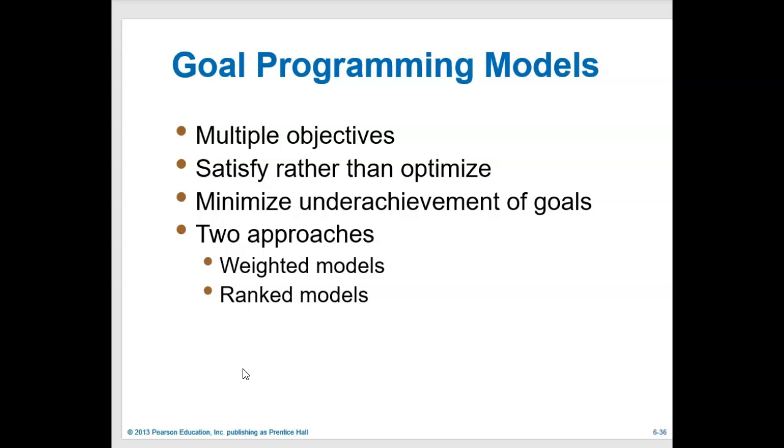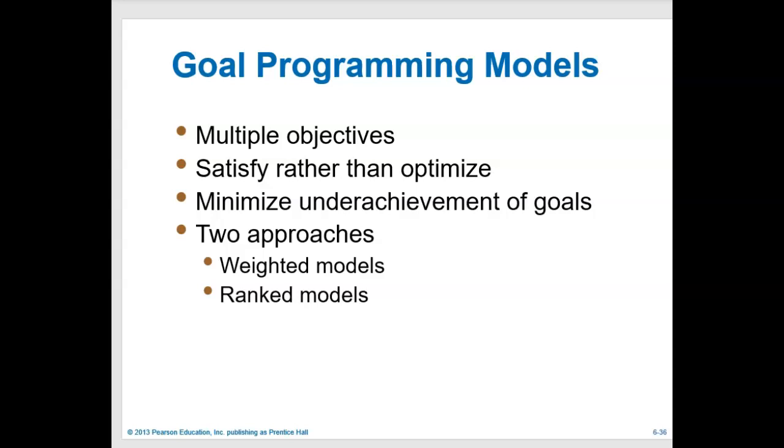For example, think about your goal in this course. Let's say that you had a goal to get an 85 out of 100 in the midterm exam. That is a goal that you have set for yourself. If in the actual midterm exam you end up getting 83, then you are underachieving the goal by 2 points.